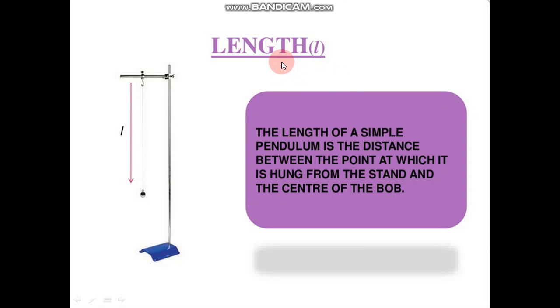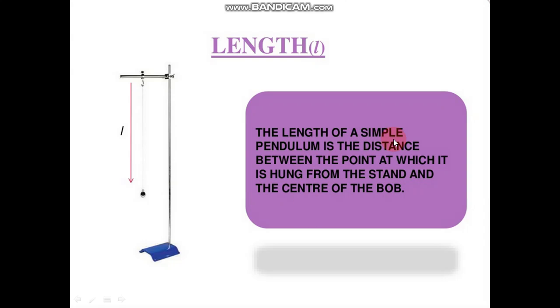Length: here is the length of the thread. What is the length? The length of a simple pendulum is the distance between the point at which it is hung from the stand and the center of the bob.